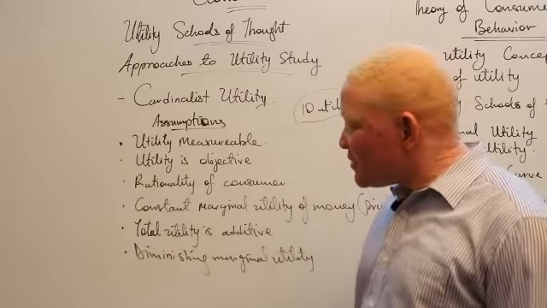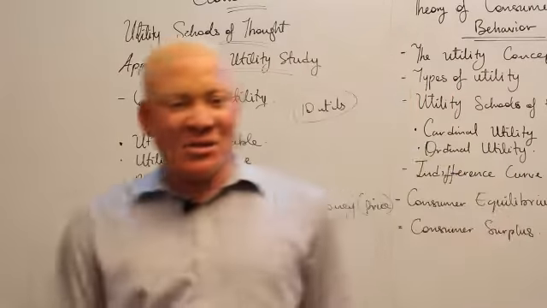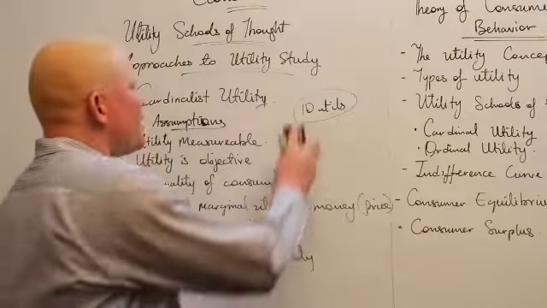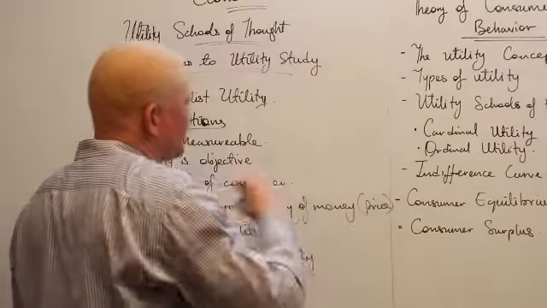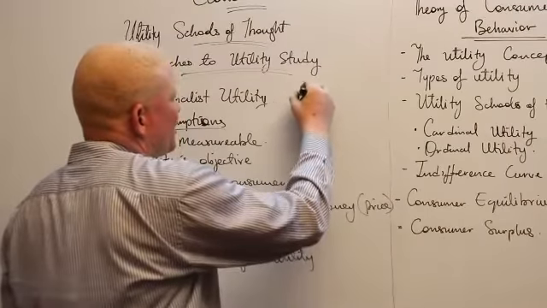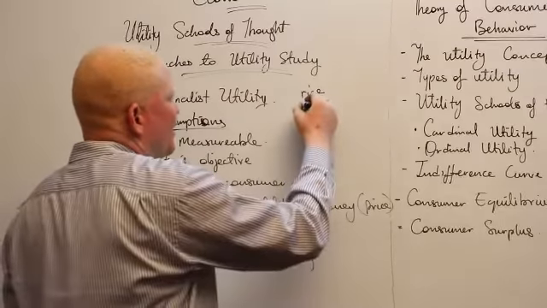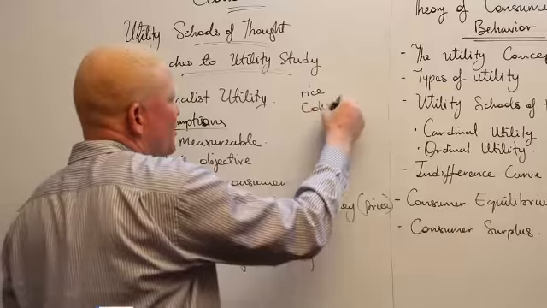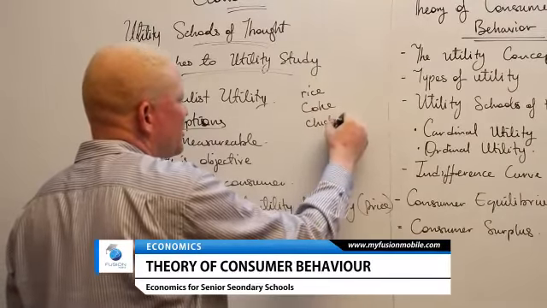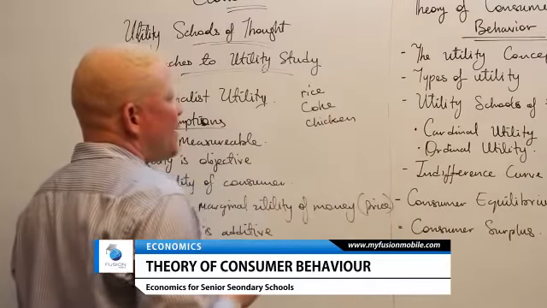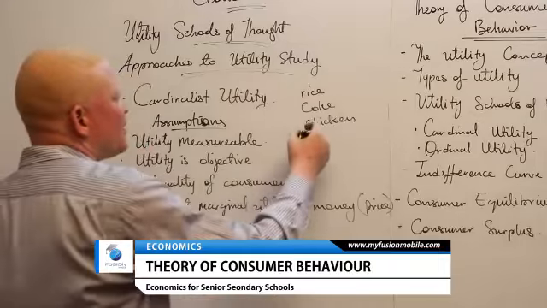And the next one is that total utility is additive. That means from a particular bundle of consumption, let's say I get to an eatery and I have to take a plate of rice, a bottle of Coke, and a piece of chicken, and, let's say this is just it, and salad.